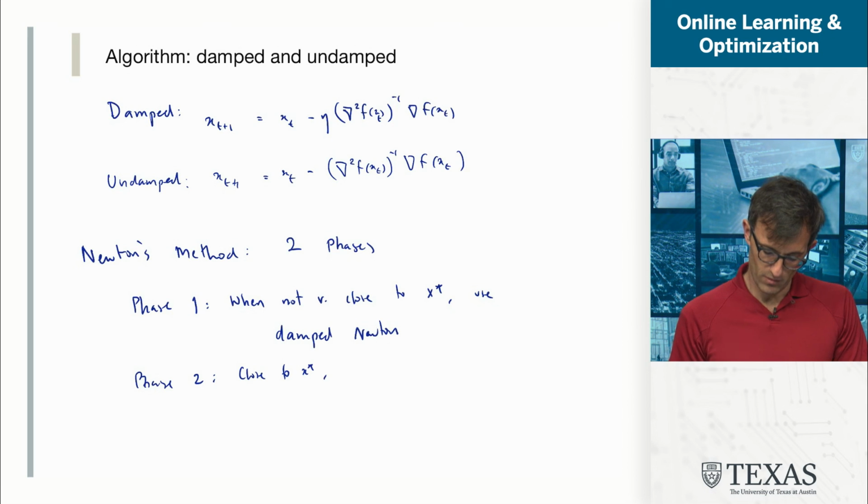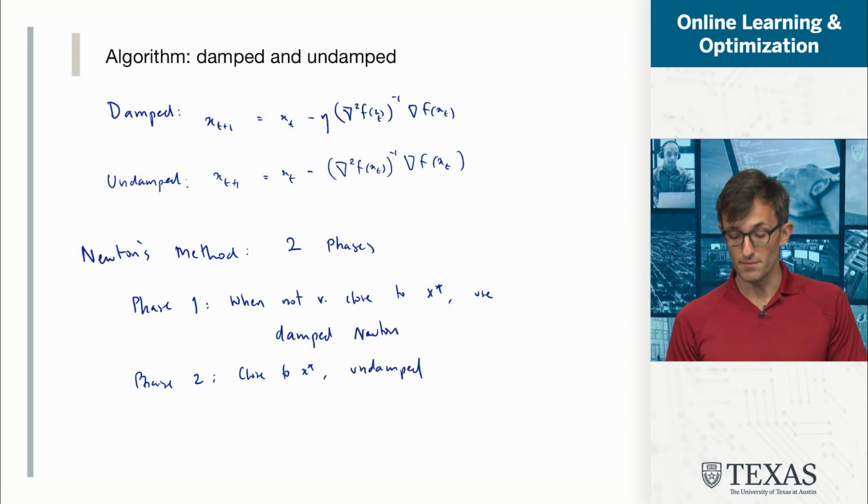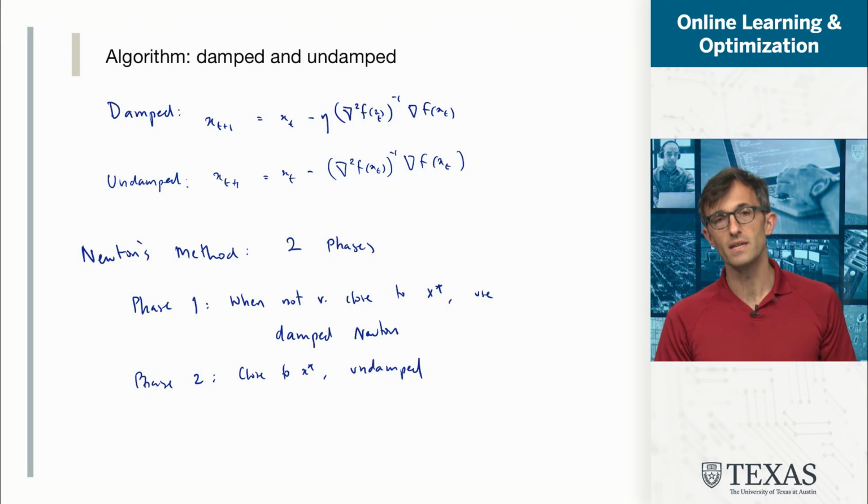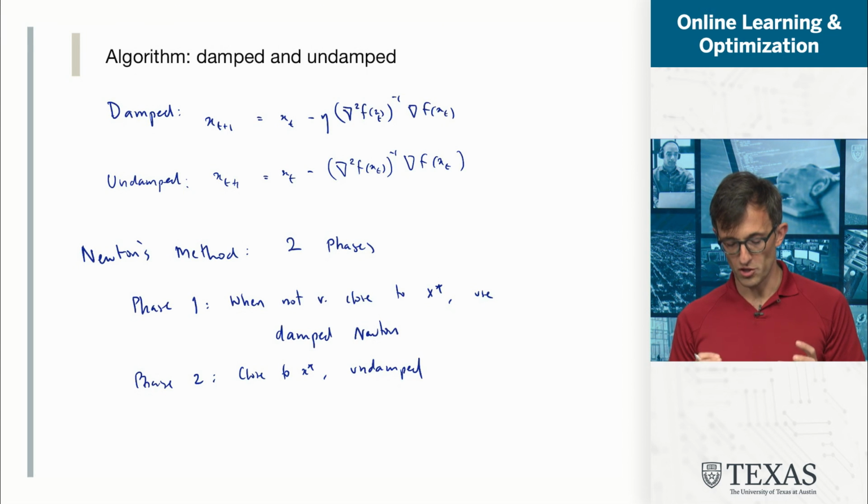What we're going to see is that after a finite number of uses of phase 1, we're guaranteed to enter the region where we can move into phase 2.